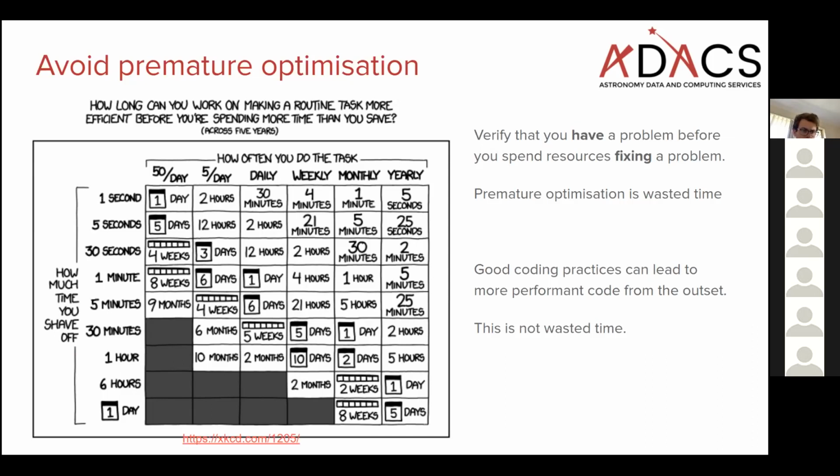And so often you won't even need to do optimization afterwards, because you've just written good enough code to begin with. And this is not wasted time. Learning good coding practices is not wasted time. That's going to serve you in good stead for many, many years to come.